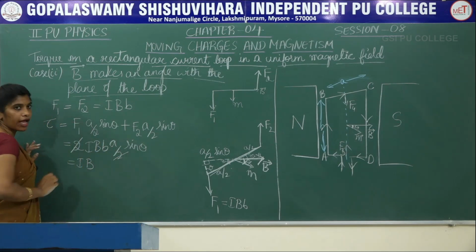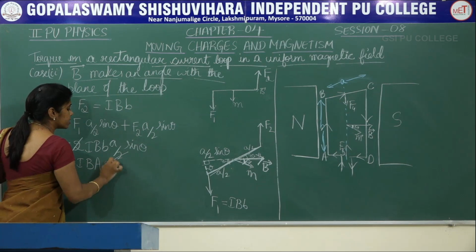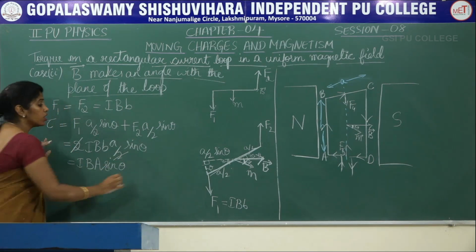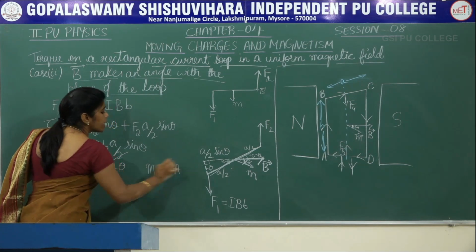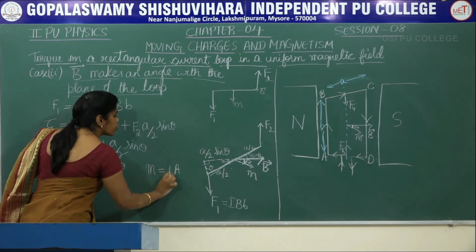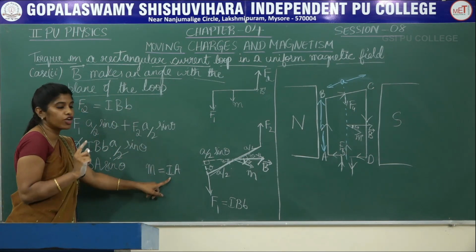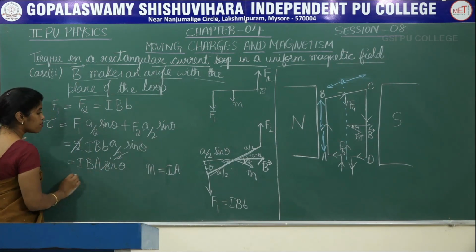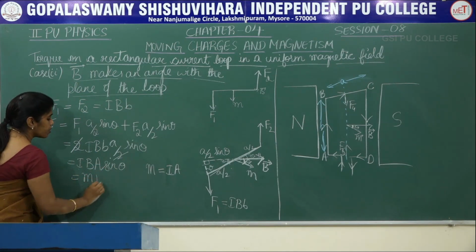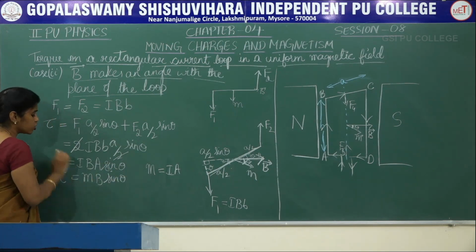What is b into a? ab is nothing but the area of the rectangular loop, a into sin theta. And we know the dipole moment M is equal to I into A. The current we are going to represent using a capital I, current in the rectangular loop, into the area of the loop. Therefore, I into A can be written as M B sin theta. This is the torque.